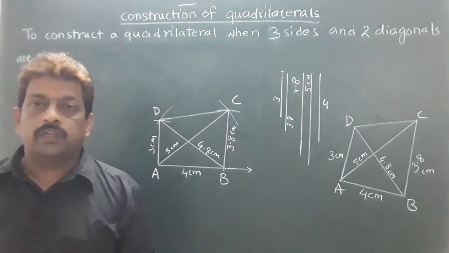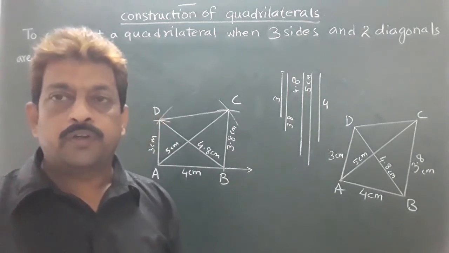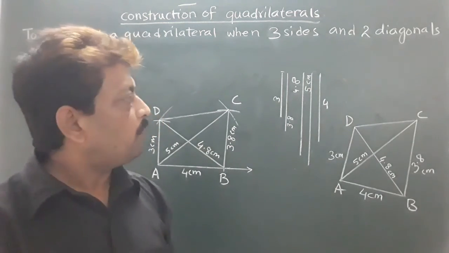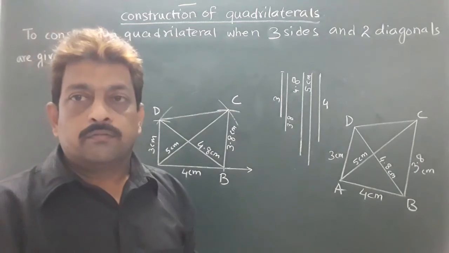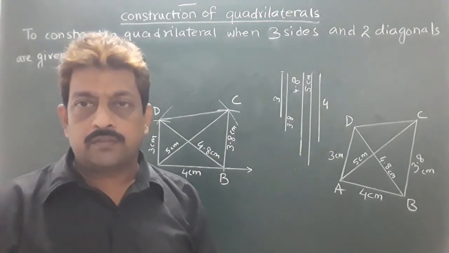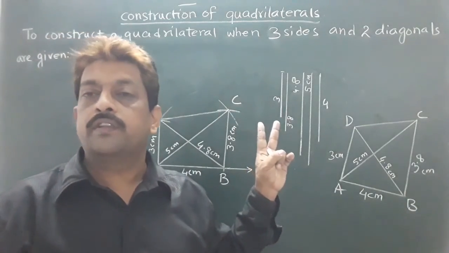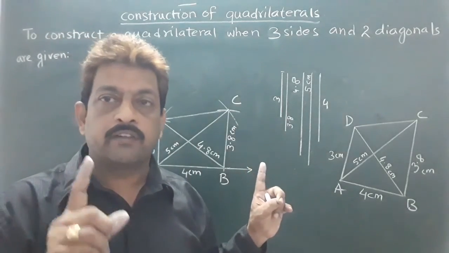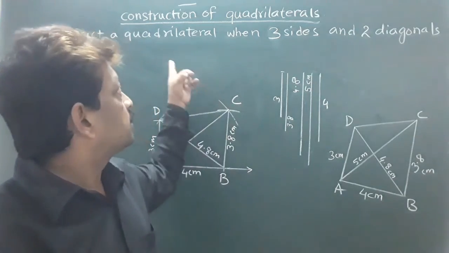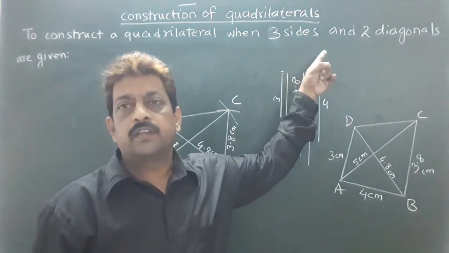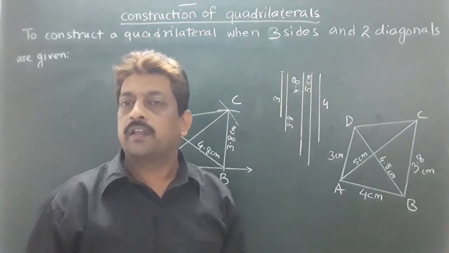Okay? So in the next class we will learn some more types of quadrilateral. Till then, you have to practice some more sums on these two topics, that is construct a quadrilateral when 4 sides and 1 diagonal is given, and also construct a quadrilateral when 3 sides and 2 diagonals are given.